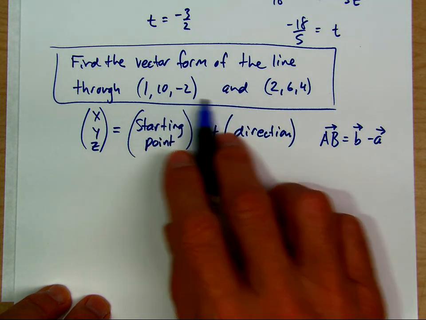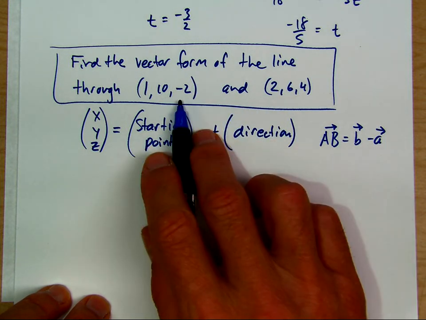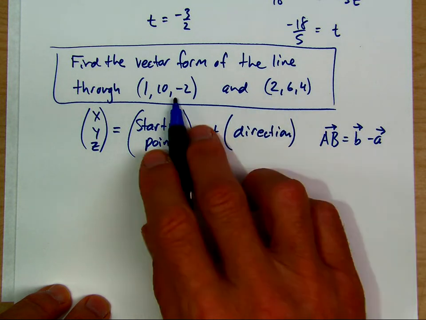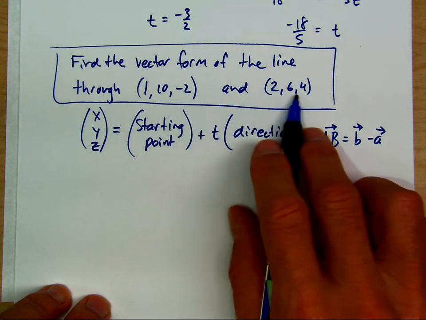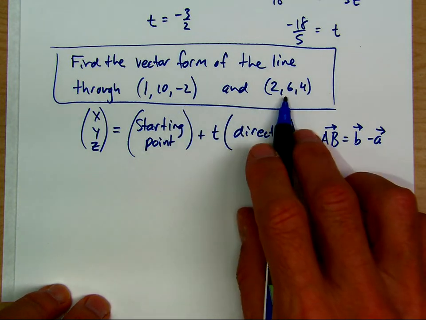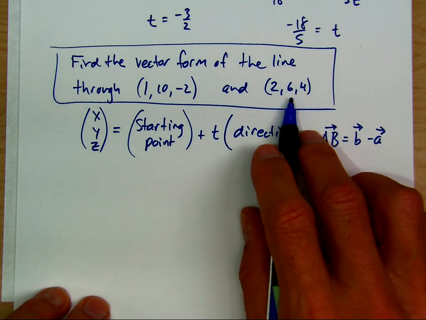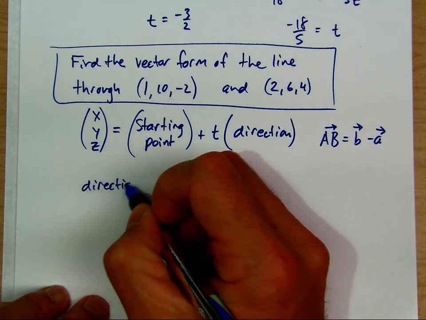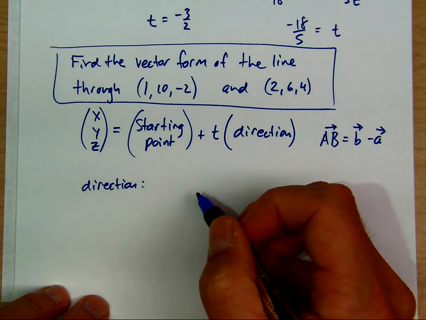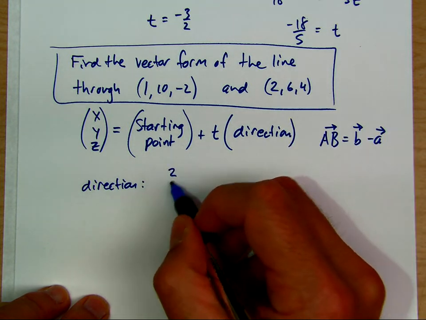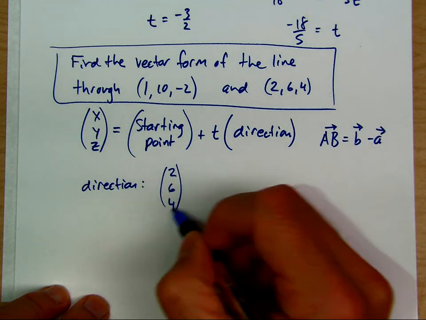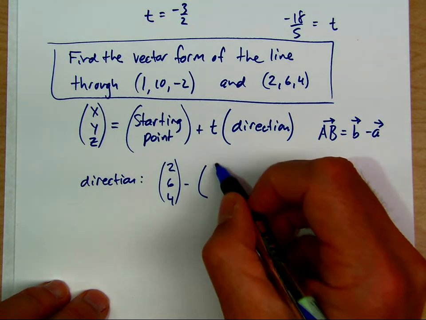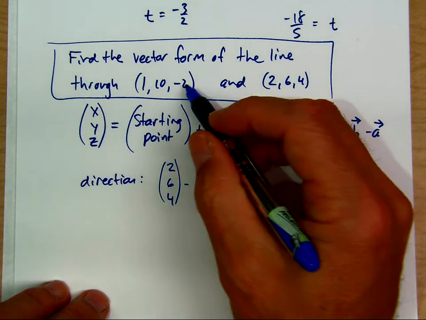Let's clarify. This notation is for a point, and these are not vectors. These are coordinates of points. But we just write this in form of a vector, and then we call it a position vector for that point. So the direction is going to be the position vector of that point minus the position vector of that point.